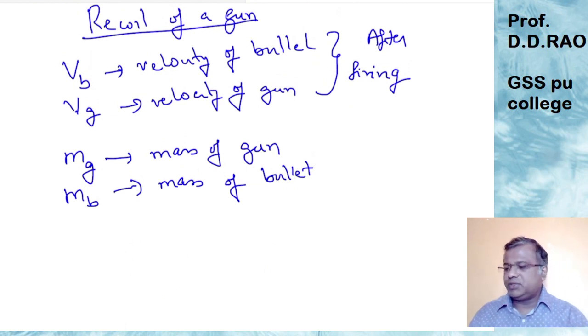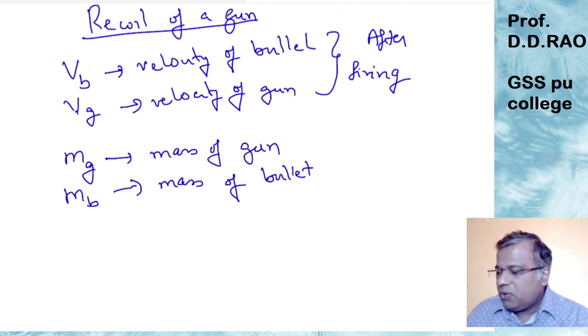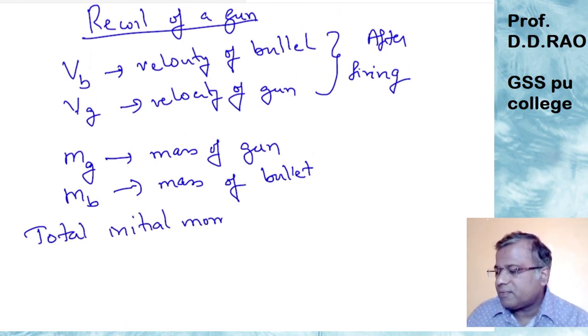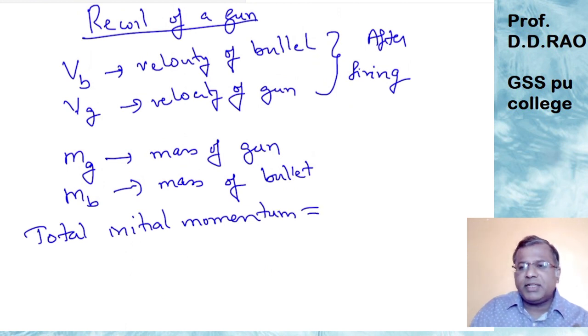We are trying to do the calculation. Now, total initial momentum, when the gun and the bullet were together.